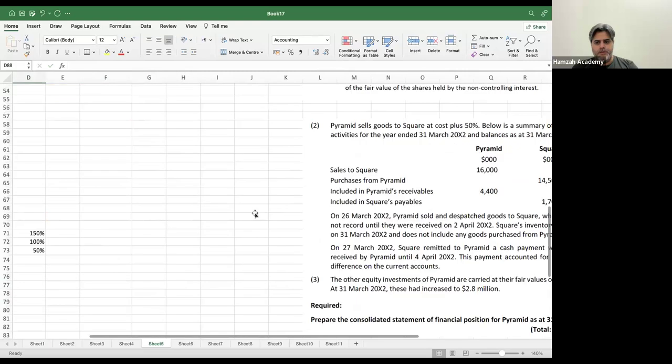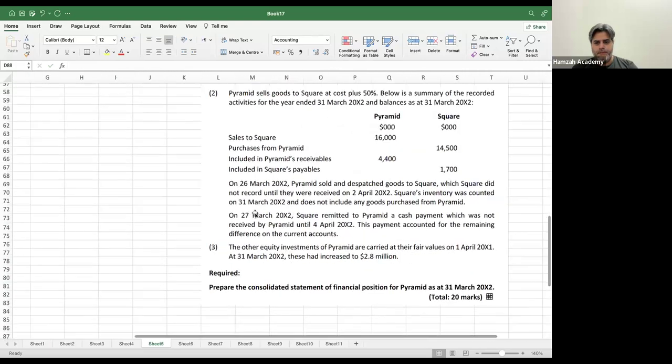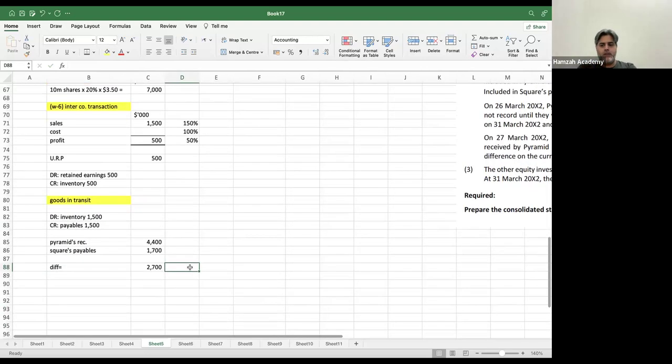So the difference between the two is 2700 over here. So the remaining difference in the current accounts, 2700, this is the inventory balance over here now.